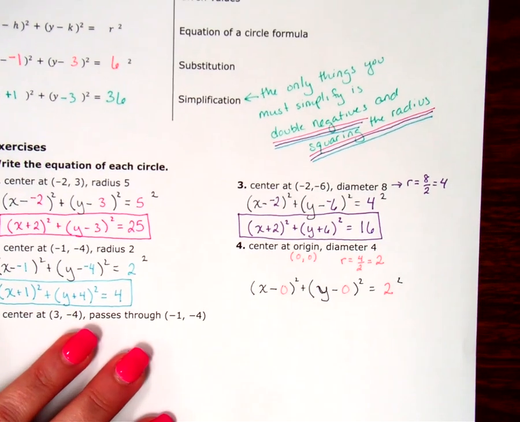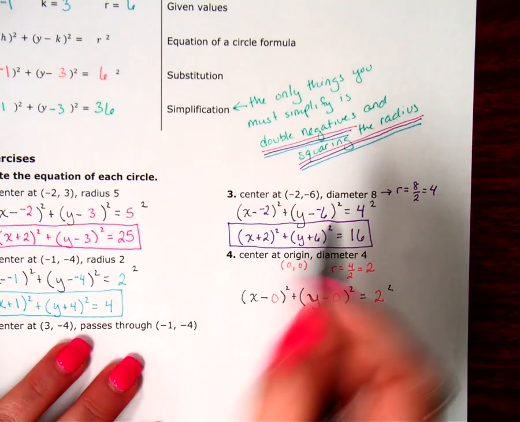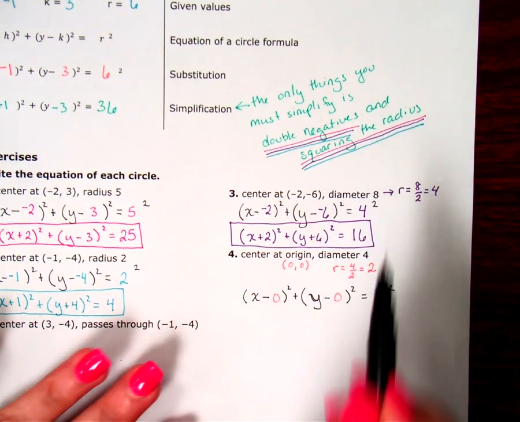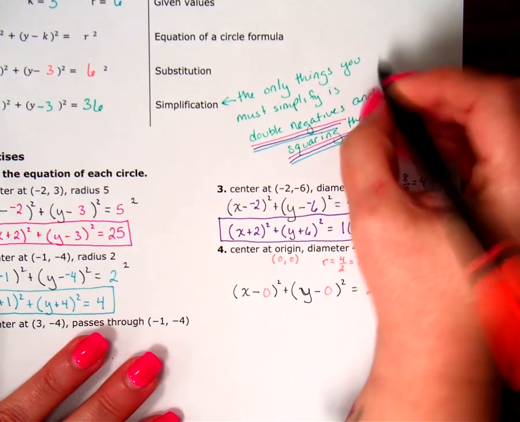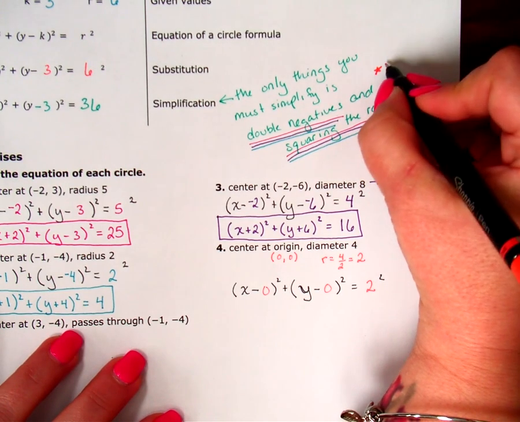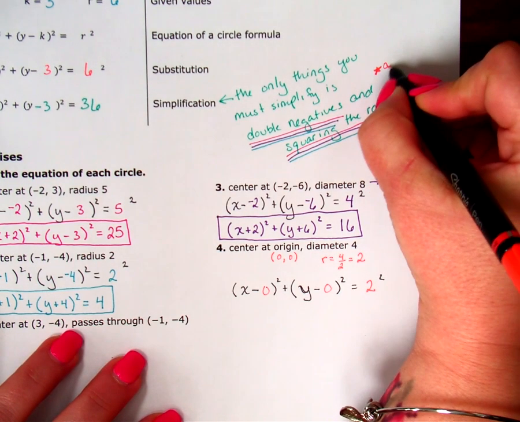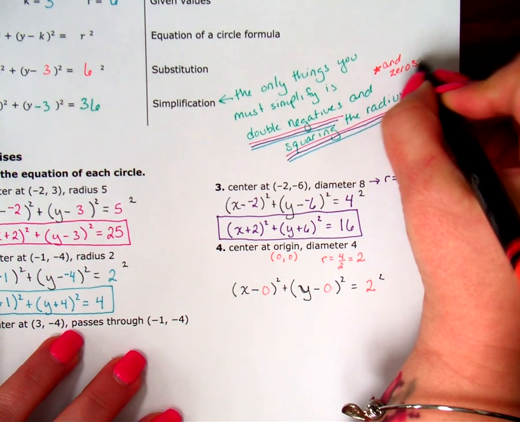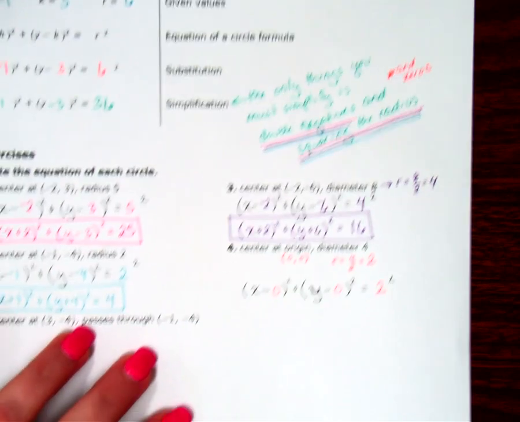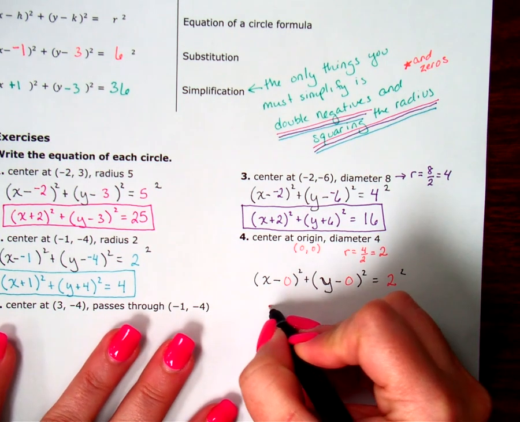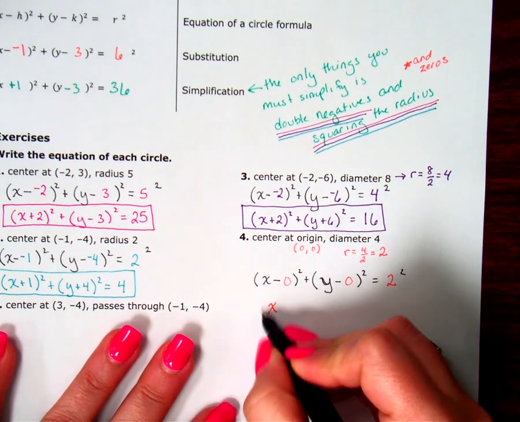Now here's another little thing that I didn't put up here. I know I said double negatives and squaring the radius, but we also need to simplify zeros. Okay, so x minus 0, hopefully you know if you're not taking anything away from it, you are just x, right?